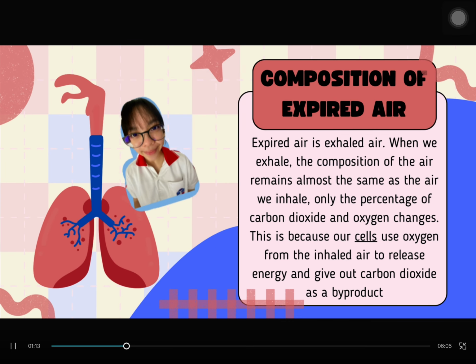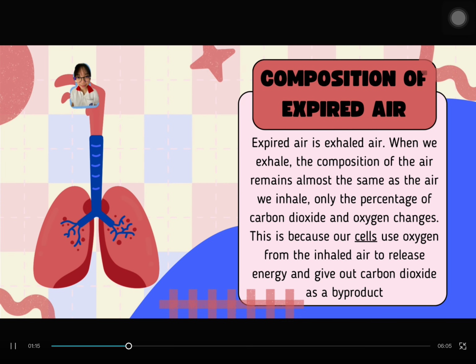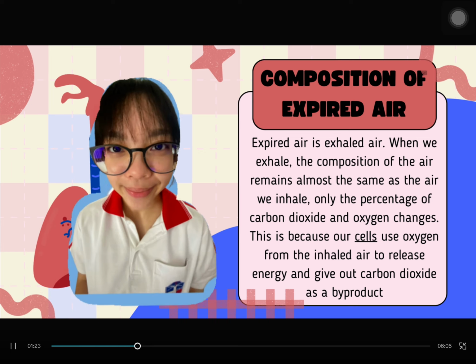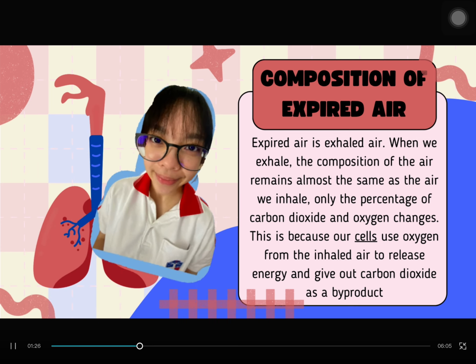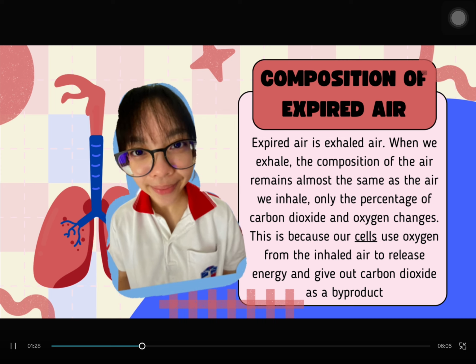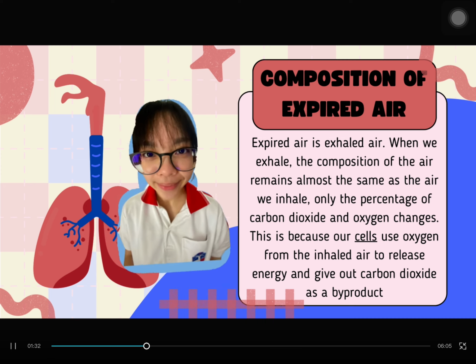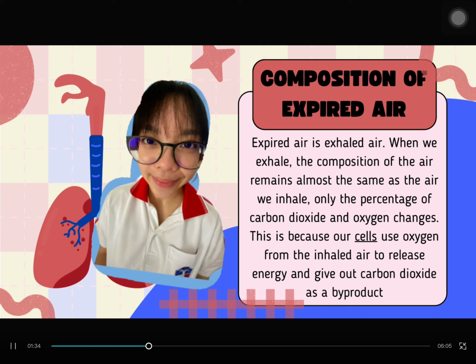Composition of expired air. Expired air is exhaled air. When we exhale, the composition of the air remains almost the same as the air we inhale. Only the percentage of carbon dioxide and oxygen changes. This is because our cells use oxygen from the inhaled air to release energy and give out carbon dioxide as a byproduct.